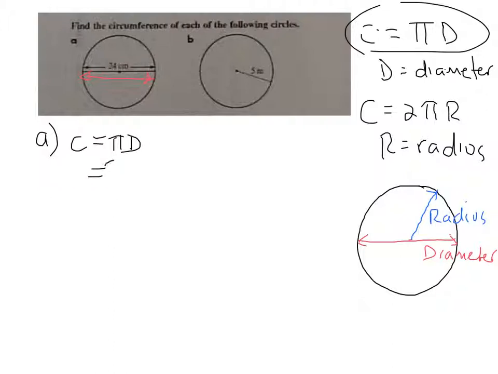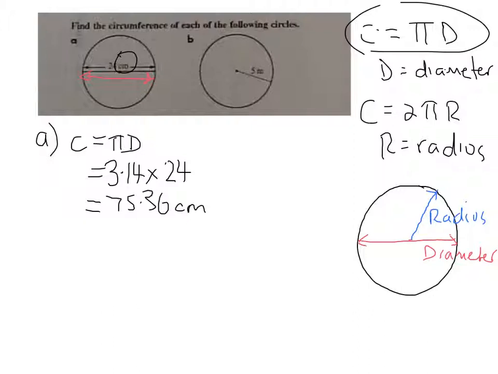Pi we use as 3.14 times by the diameter from this question, which is 24, and that will be equal to, throw that into a calculator, 75.36. The units for this question are centimetres. We need to use those in the answer. So the answer will be 75.36 centimetres.